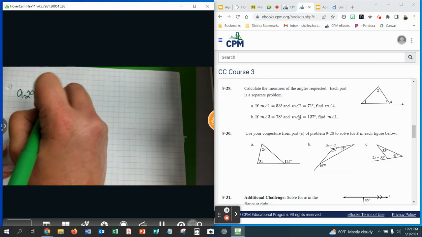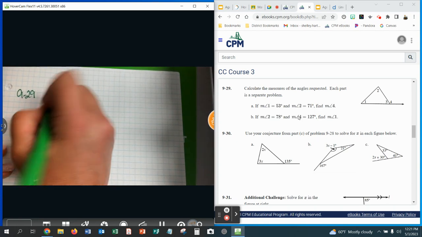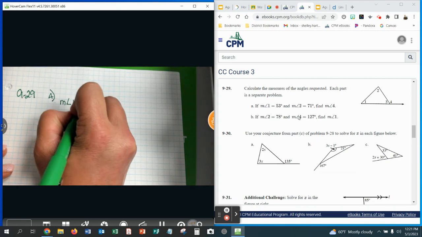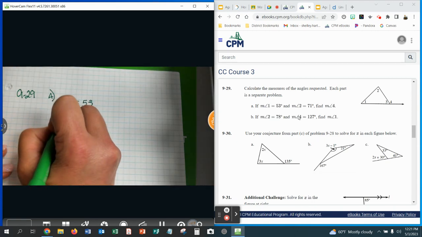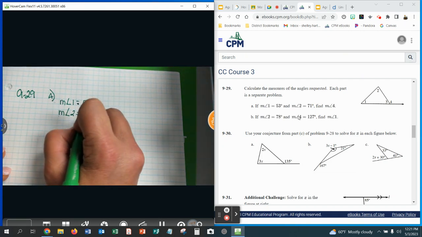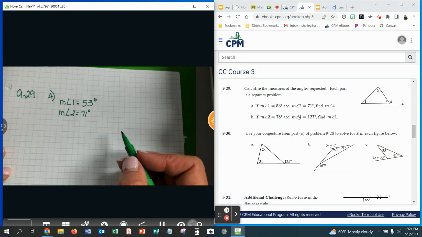So we've got the triangle to the right. If the measure of angle 1 equals 53 degrees, and the measure of angle 2 equals 71 degrees, they want us to find angle 4.